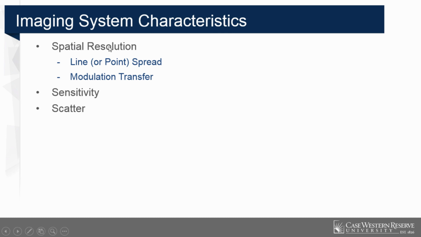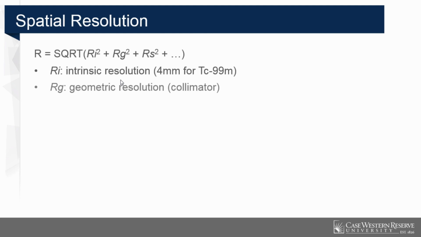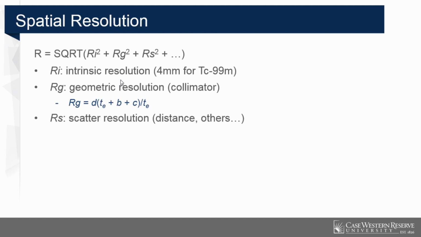Resolution means spatial resolution. We already talked about point spread function, line spread function. Here we will talk about another thing, which is modulation transfer function. Before that, let's talk more about spatial resolution.